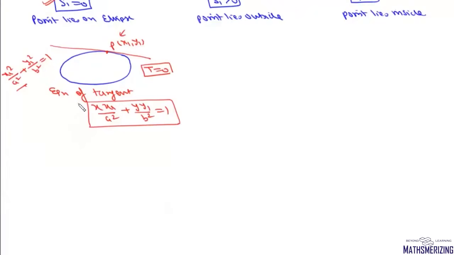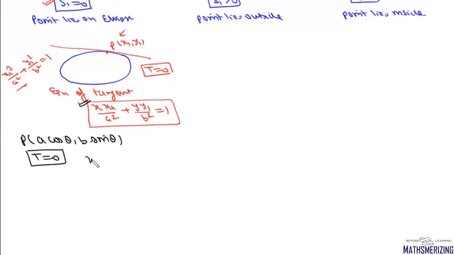We can also write this equation in another form, and we can write it in terms of parametric coordinate. We know that any point on ellipse, we can express it as (a cos theta, b sin theta). Now if we write equation of tangent at this point P, then it is given by T equals to 0.